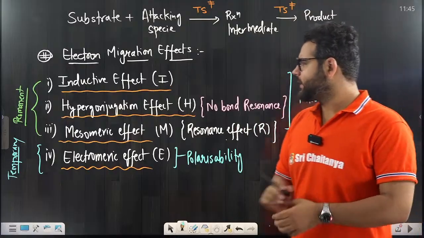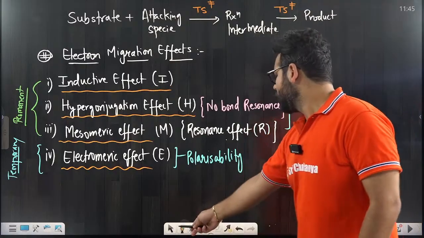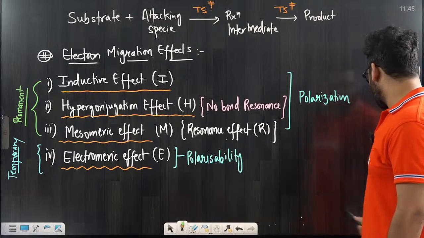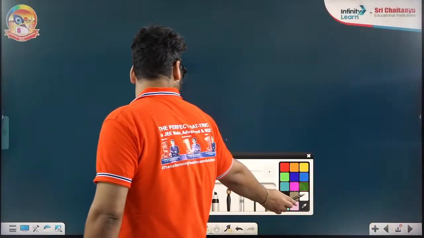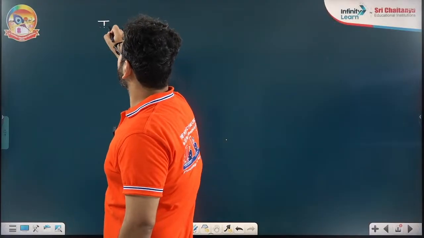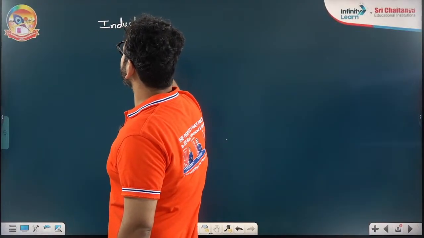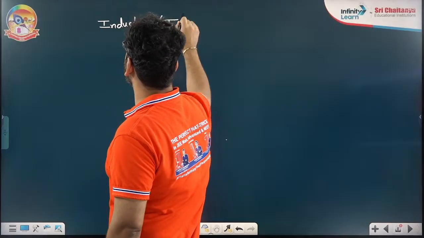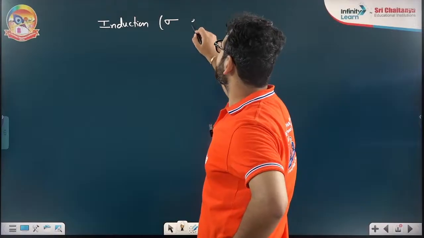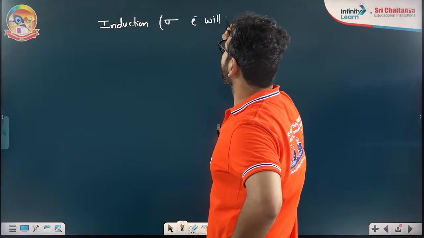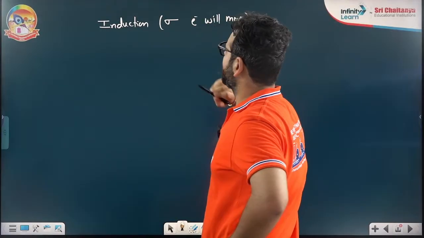Now, let us study them one by one. In short form, first you can easily remember that the inductive effect just means movement of sigma electrons. Only sigma electrons will move. You can write it as a short trick.